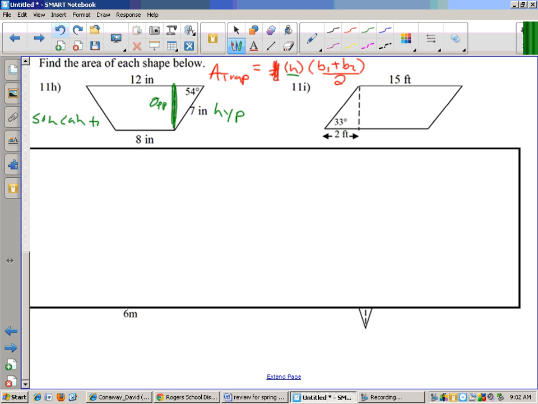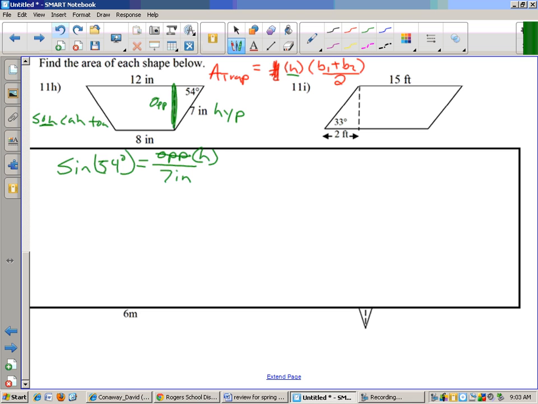Sine. So I'm going to say, look, the sine of 54 degrees is equal to the opposite, which we don't know, over the hypotenuse, which is 7 inches.